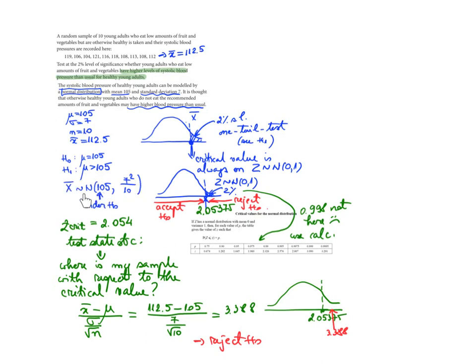That is my sampling distribution of the mean. That's my representation of it. I want a 2% significance level, but it's a one-tail test. So it's bigger than 105, so I'm looking for 2% here.